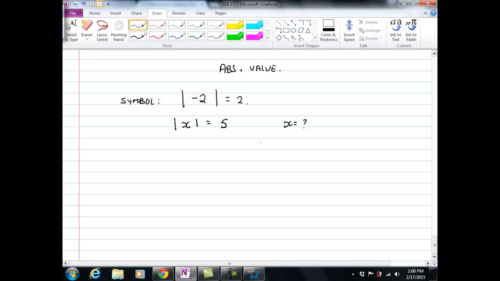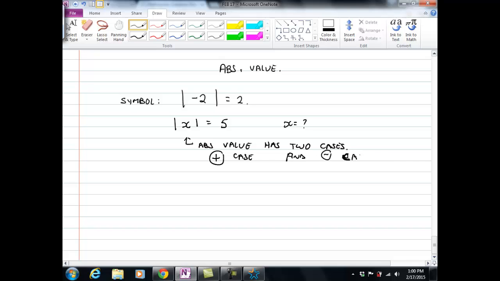So the key thing I need to write down: absolute value has 2 cases. Positive case and negative case.